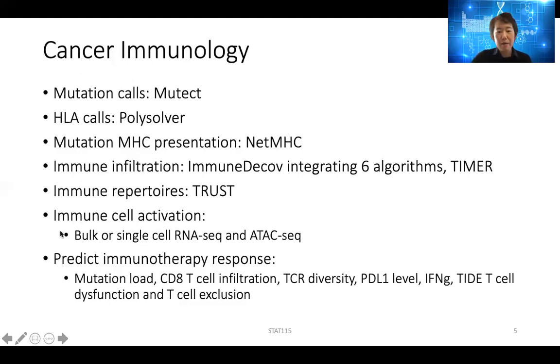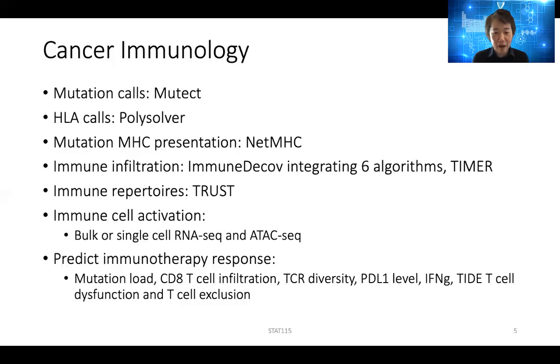We also talk about immune cell activation, in order to understand whether the different cells are activated, what genes are differentially expressed. Nowadays, people not only do bulk RNA-seq, there are more and more single cell tumor RNA-seq data available. By this time, I think there are probably 30 to 40 tumor single-cell RNA-seq papers published, but I suspect there are many labs with similar data in preparation for publication.